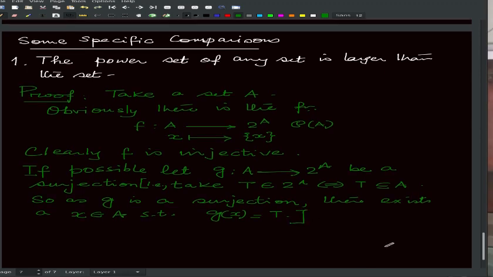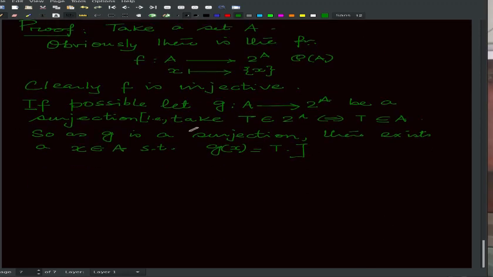Okay. So now you have assumed that G is a surjection. Now look into this set. S is the set of all x in A such that, when you look into the set G(x), remember G(x) is a subset of A, you are saying that x doesn't belong to it.